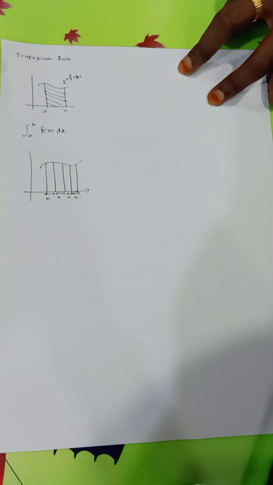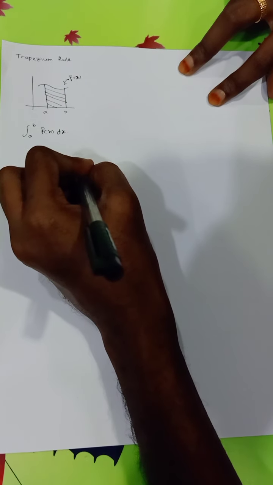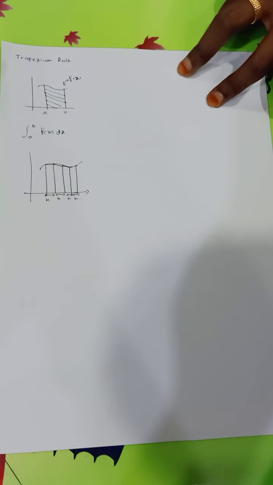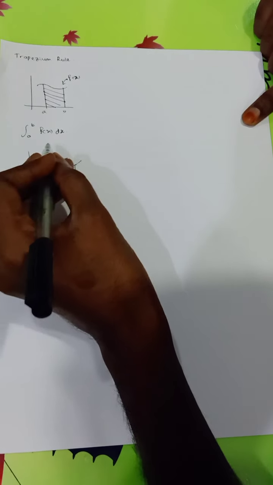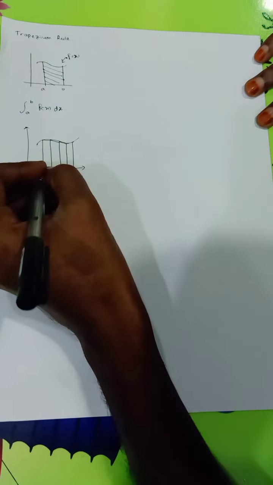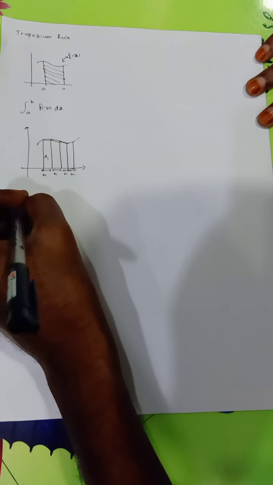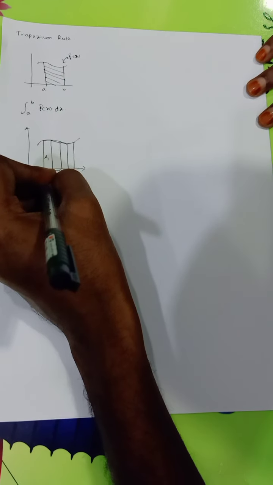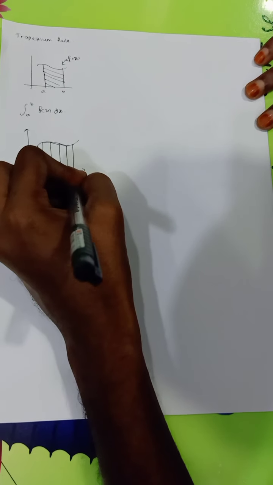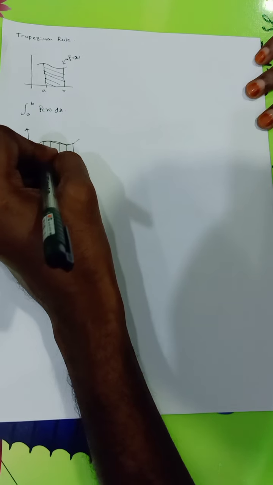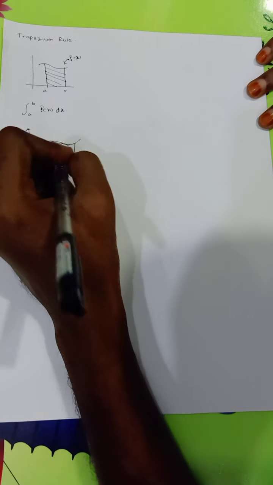Then we join these as trapeziums. Now we're going to find the summation of the area of the trapeziums. Let the first area be A1. I name the width as A. Sorry, so here will be H0, and here will be H1, the heights of the trapezium.